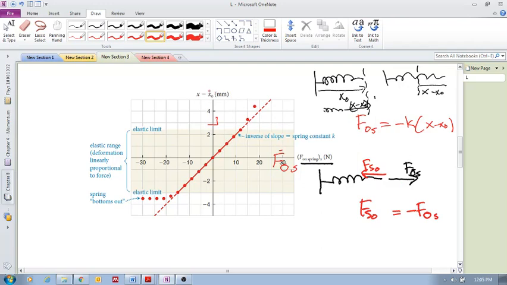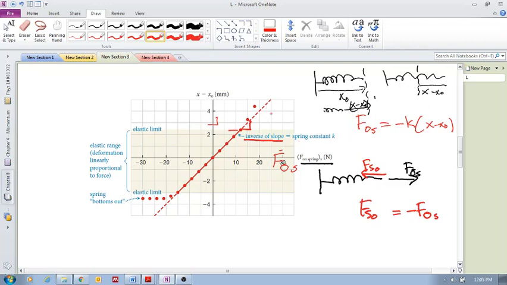If we have the deflection or the displacement on the vertical axis as a function of the force of the object on the spring, then this slope is the inverse of the spring constant.